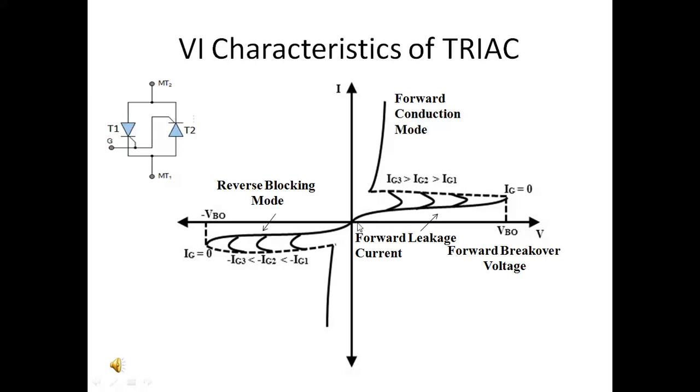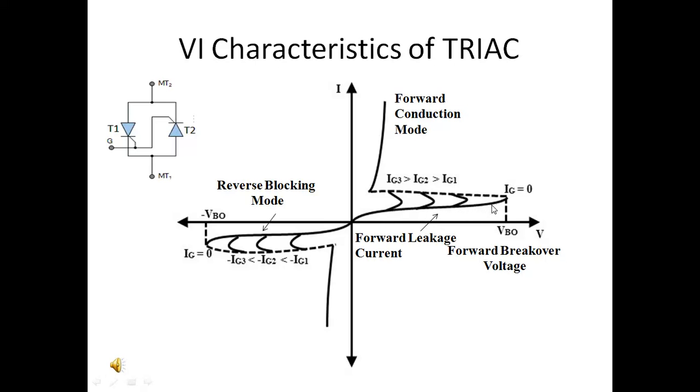the voltage is increasing at a certain period of time when the forward breakover voltage occurs. At that particular time, whatever the leakage current is there will be minimum. There is an increase in voltage, but the current is very much less.